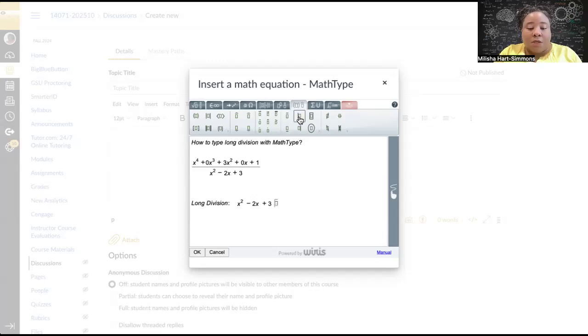So now it's time to insert our dividend. So you see we have degree 4. So that lets us know that we need 5 entries, okay, within the dividend. So we need to go back to the matrix, click on the table, and we need a 1 by 5, okay? So we can represent each degree. So we have x to the fourth.